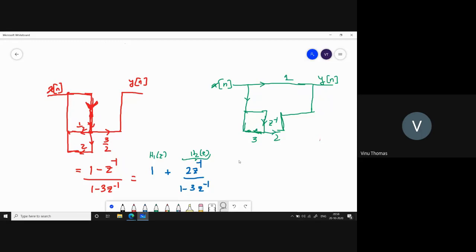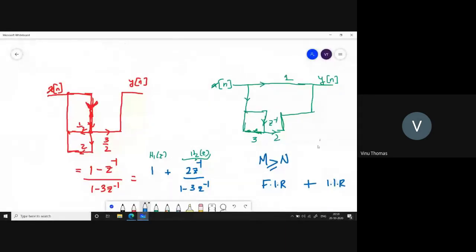So in general you can say that if you have M greater than N, or greater than or equal to N, then you can write the filter in general as a summation of an FIR filter and an IIR filter.